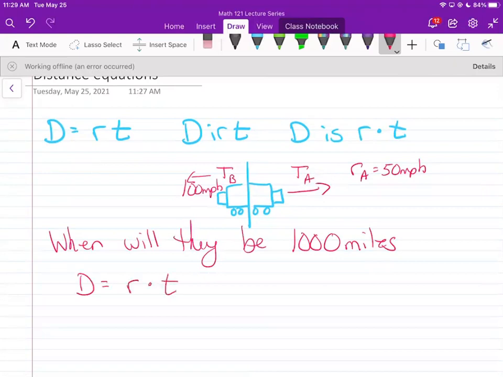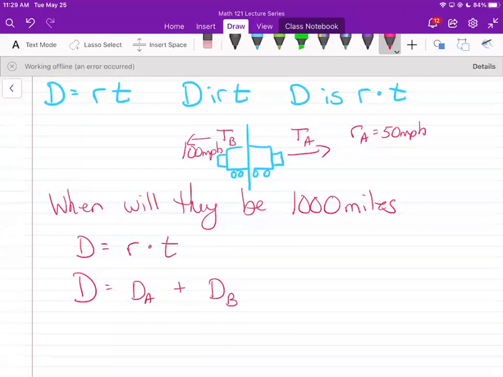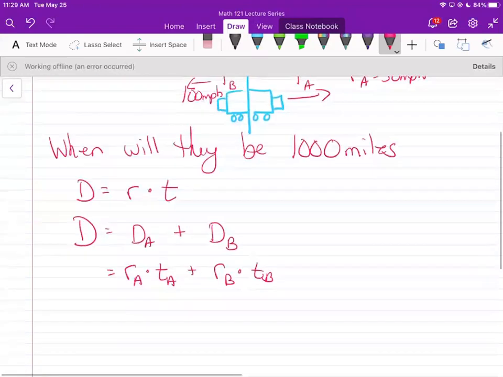Well, here we can add these distances together. So the total distance is going to be the distance truck A travels plus the distance truck B travels. For truck A, it's rate A times time A, plus for truck B, it's rate B times time B. But in this case, we know that they're traveling the same amount of time because they left at the same time.